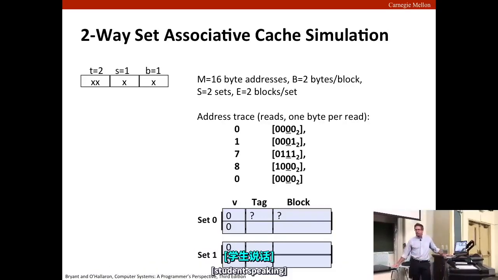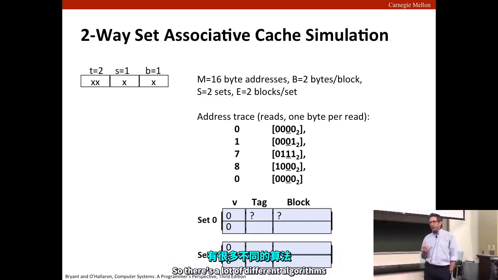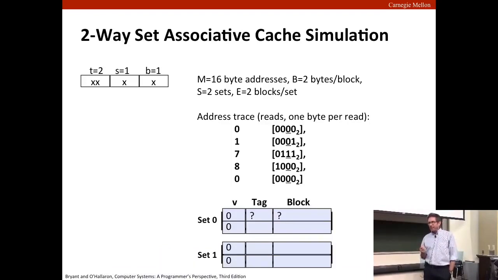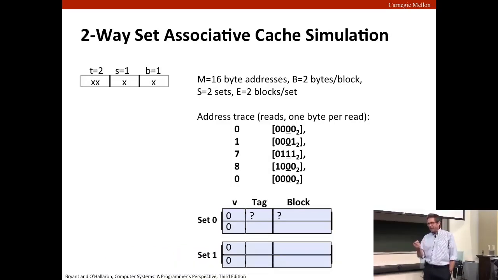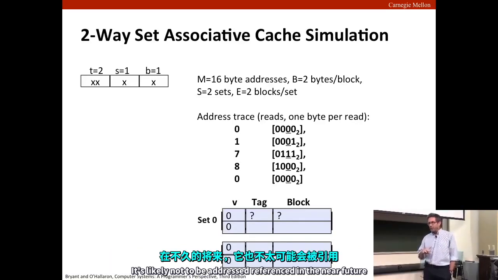Yes? How do you decide which block to replace? That's a really good question. There are a lot of different algorithms. A common algorithm is least recently used. By locality, you want to keep blocks in the cache that are being used a lot. If a block isn't referenced for a long time, by sort of the inverse locality principle, it's likely not to be referenced in the near future.